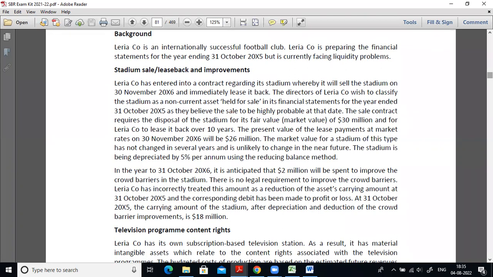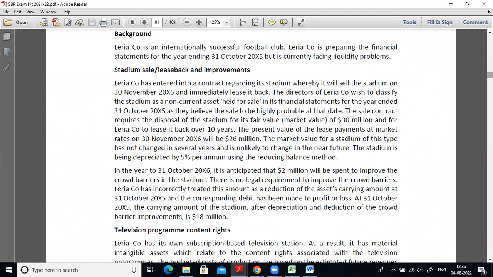So this company has entered into a contract regarding its stadium whereby it will sell the stadium on 30th November 2006 and immediately lease it back. The directors of the company wish to classify the stadium as a non-current asset held for sale in its financial statements for the year ended 31st October 2005, as they believe the sale to be highly probable at that date.